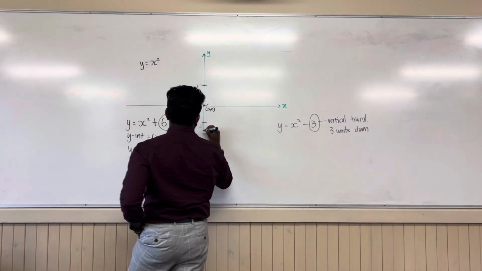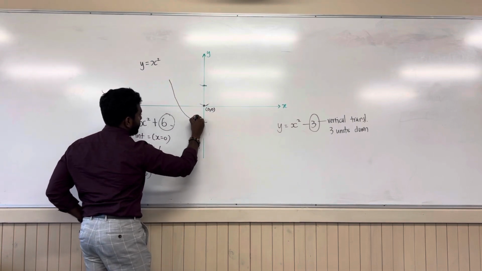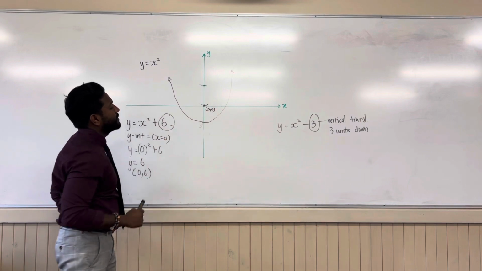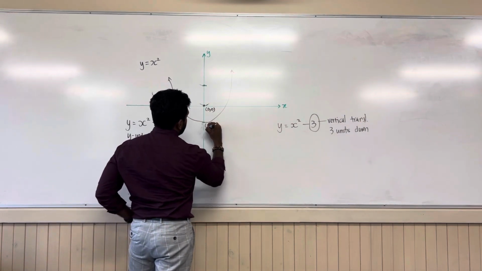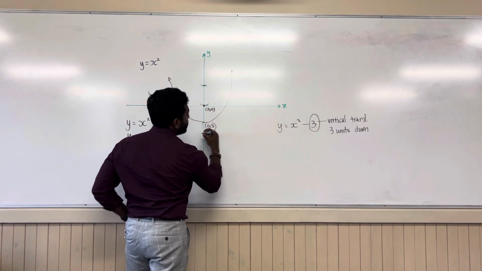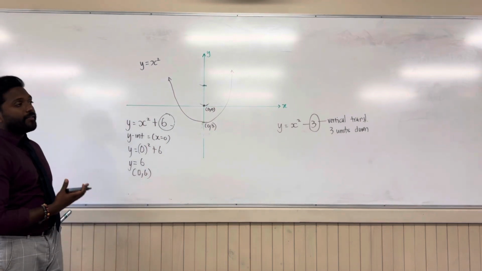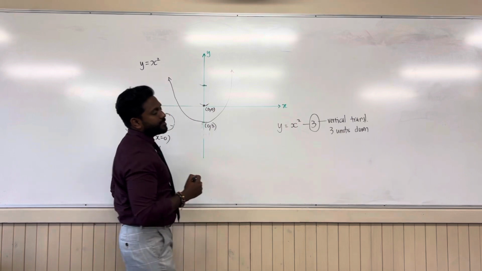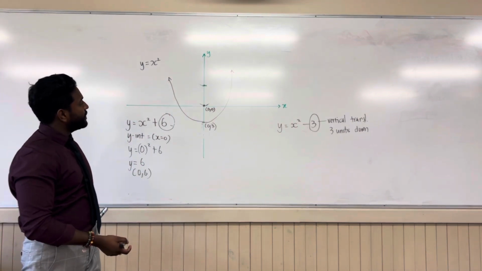So here, 3 units. The graph is still the same, but it's just moving 3 units downwards. Okay? Then that particular y-intercept is going to be 0, -3. You can find the y-intercept by making x is equal to 0. That would be 0 squared, which is 0 minus 3, and left with that.